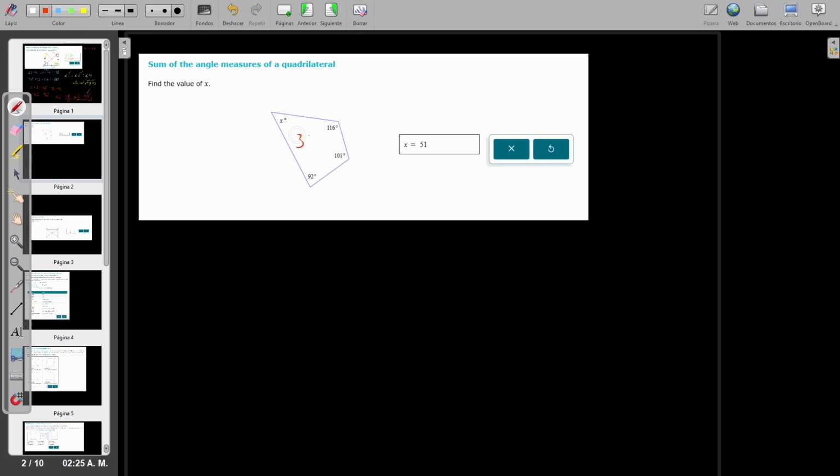Now the definition of these ones: all the angles inside a parallelogram or a quadrilateral add up to 360 degrees. So to solve for x plus 106 degrees plus 101 degrees plus 92 degrees is going to be equal to 360 degrees.